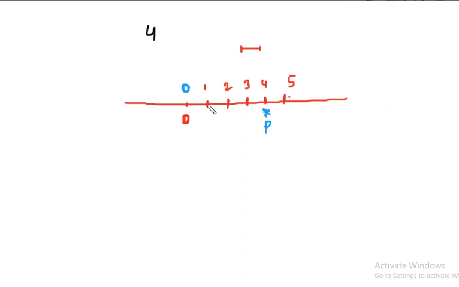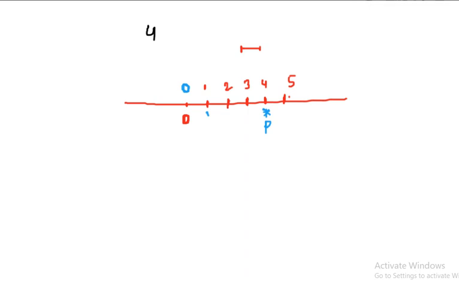Then we cut a unit distance, and the point where the number line is cut represents 1. Then we cut the same distance again, and this point represents 2, and finally this point P represents 4. So this is the representation of number 4.